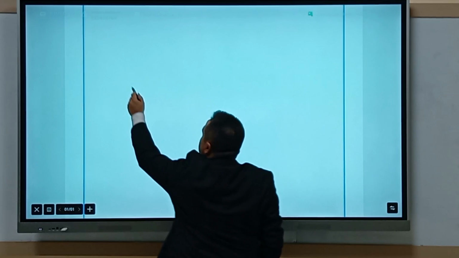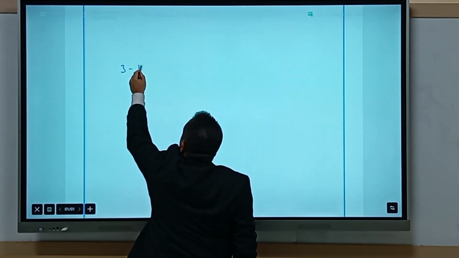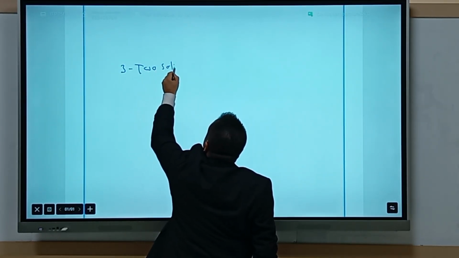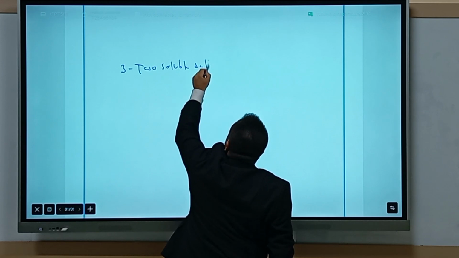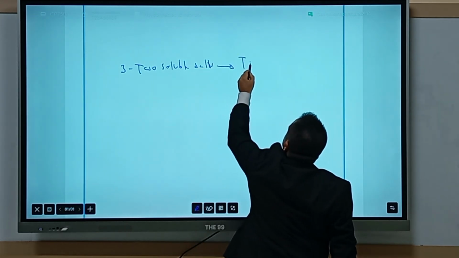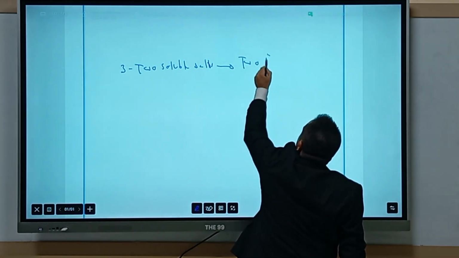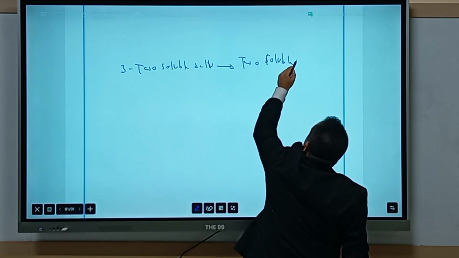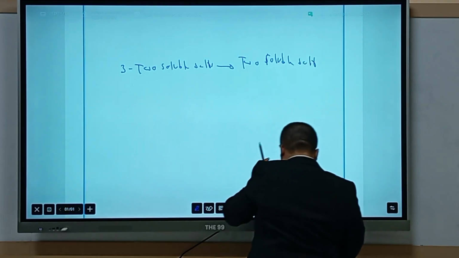The third type is just the opposite of the second. Two soluble salts produce two soluble salts.